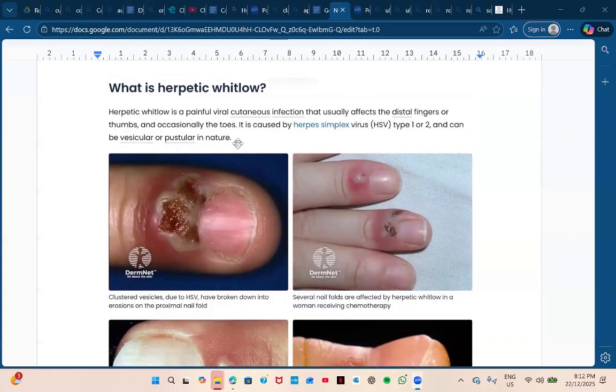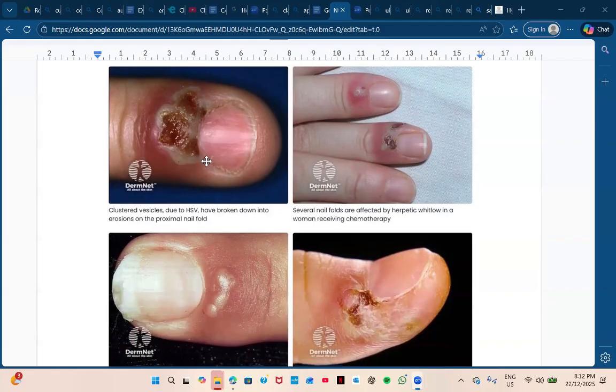Herpetic whitlow is painful. These are painful viral cutaneous infections that usually affect the distal fingers or thumbs and occasionally toes. It is caused by herpes simplex type 1 or type 2 and can be vesicular or pustular in nature. Please remember these symptoms.